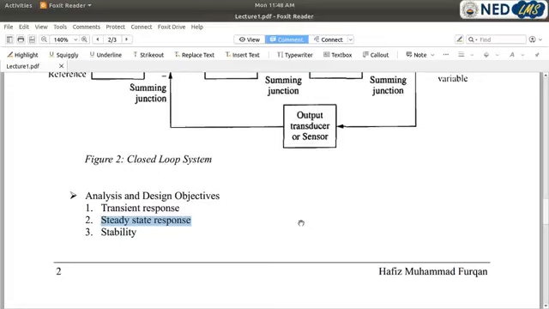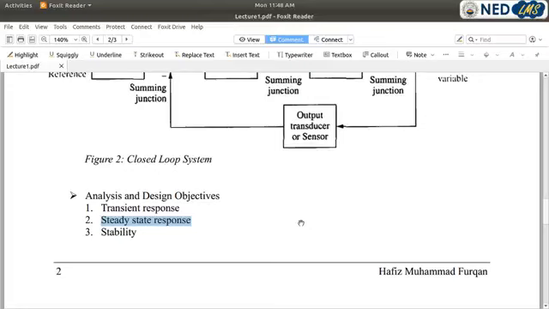For example, in case of elevator, the elevator must be level enough with the floor for passengers to exit safely. So the accuracy of steady-state response is an important parameter for the design and analysis of the system, which can be evaluated through steady-state error, as discussed in the previous lecture.